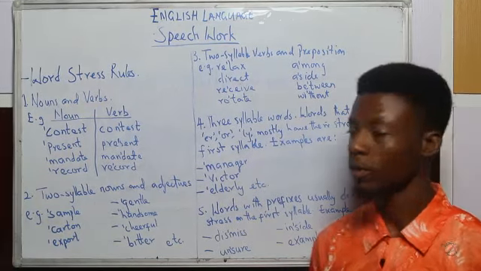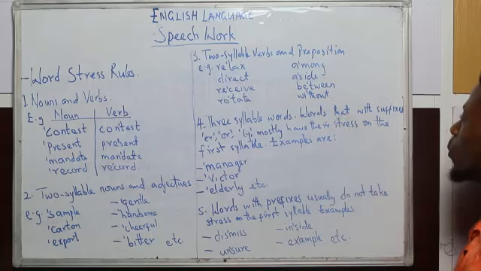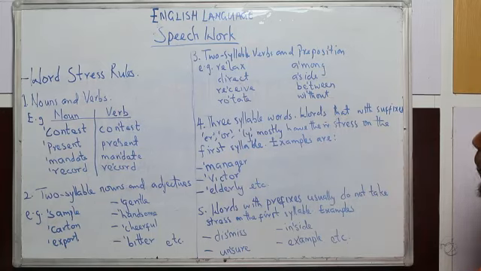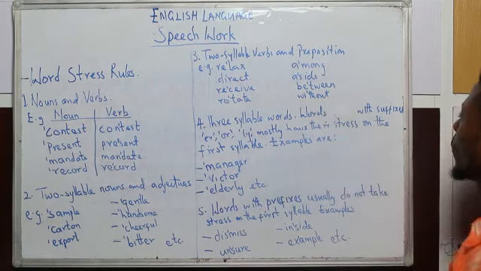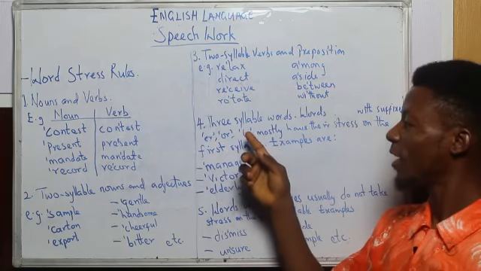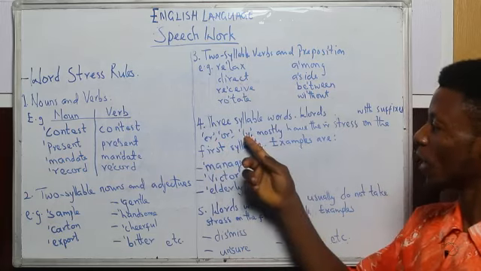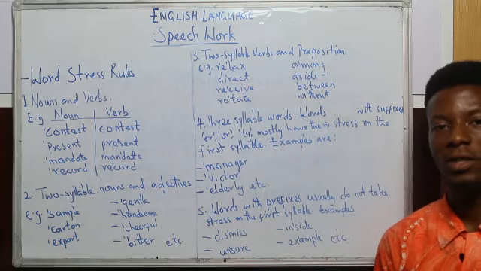The number 4 rule says 3 syllable words with suffixes. Words with suffixes er, or, le, mostly ly rather, mostly have their stress on the first syllable.